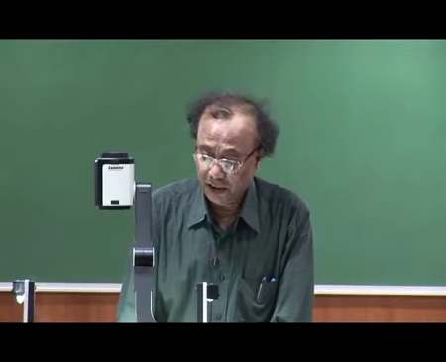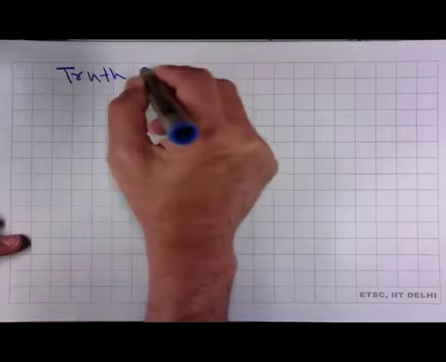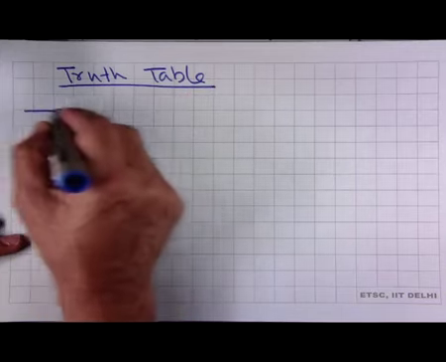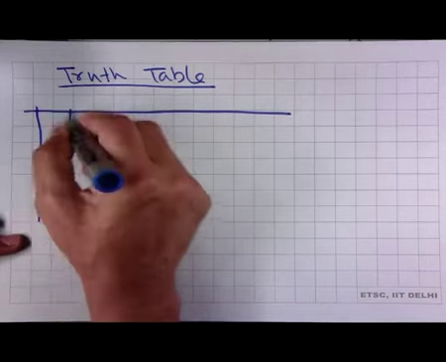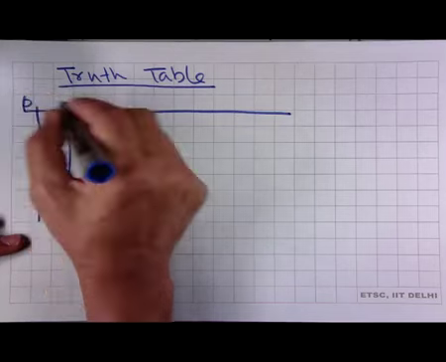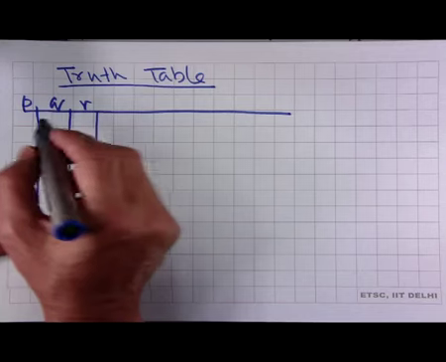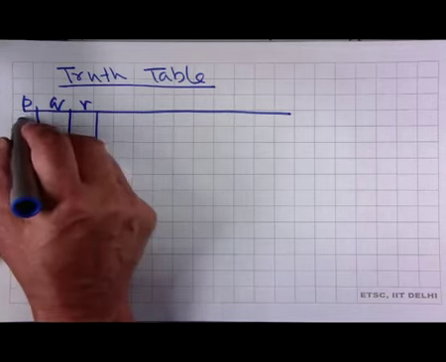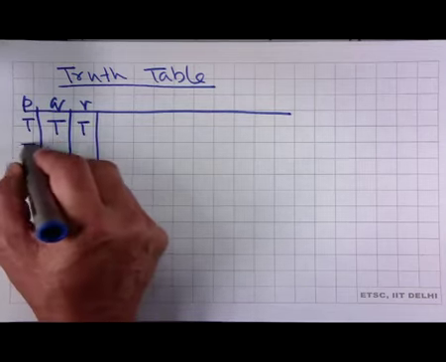So, we will do it via truth table. We have three variables P, Q and R, and we know that their truth values will be of the following 8 combinations.